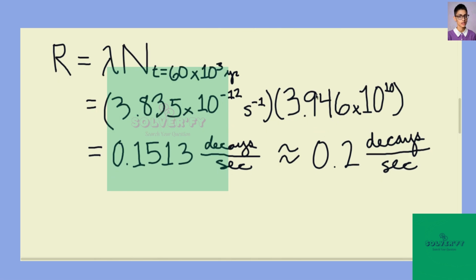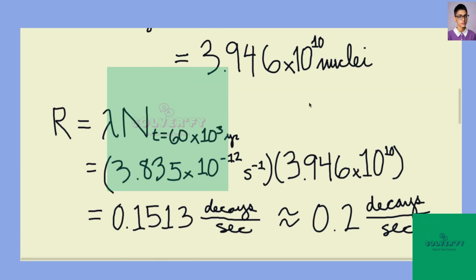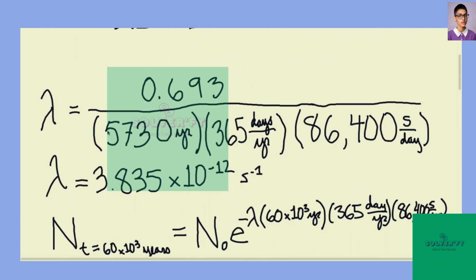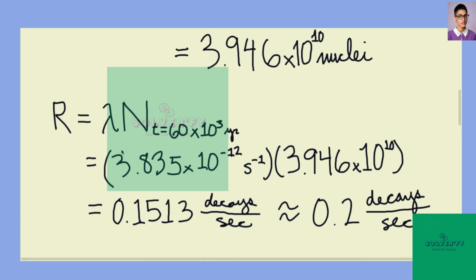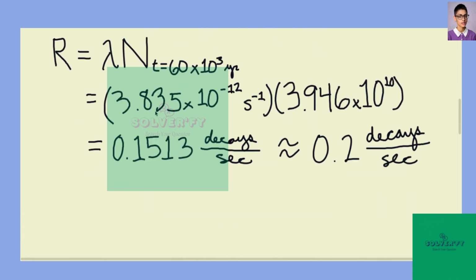And the final step is to find the activity based on that number of nuclei present today. To do that, we simply take the product of the decay constant that we found earlier times the number of nuclei today, which we've just found in the previous step.